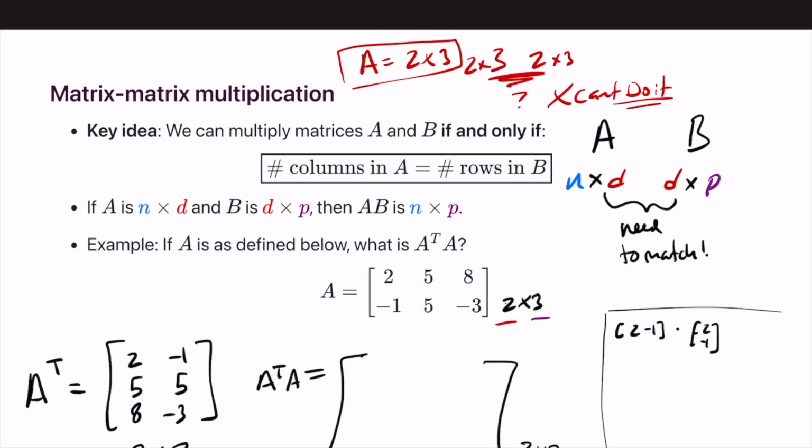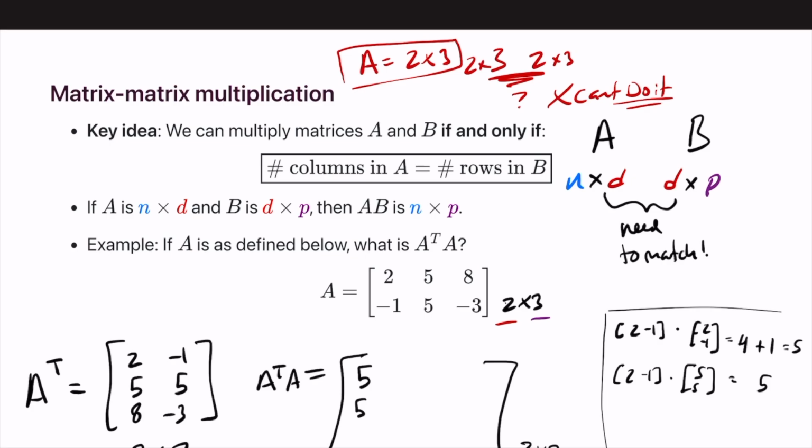And what that's going to equal is 4 plus 1, which equals 5. So that gives us 5. And we'll do the same where we have 2, -1 with 5 and 5. And that's going to give us 5 again. So this will be 5.